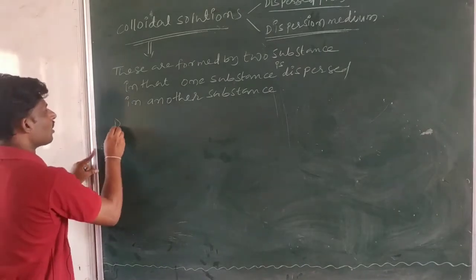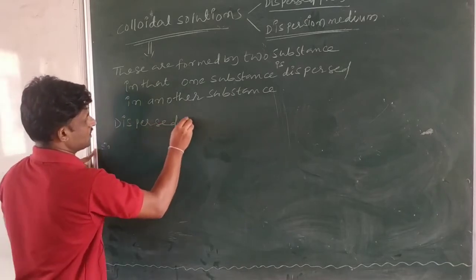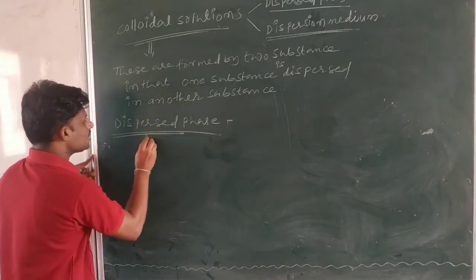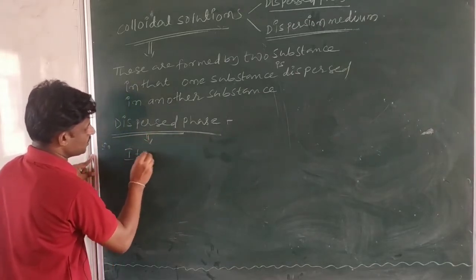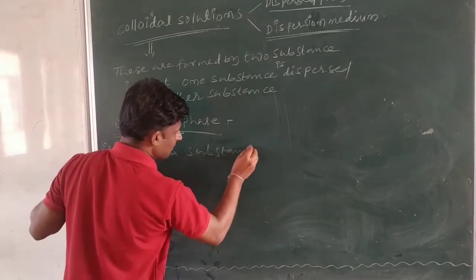So now I am going to talk about the dispersed phase. It is one of the substances. So I am writing: it is a substance. Is it a substance or not?